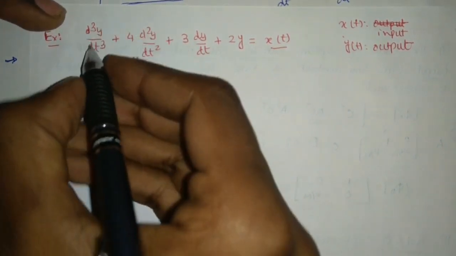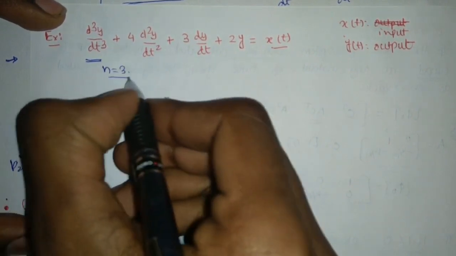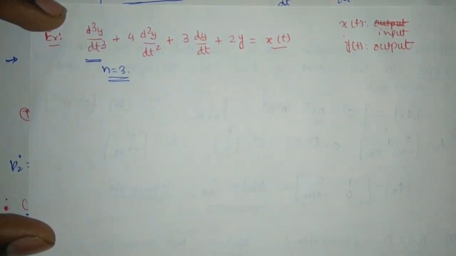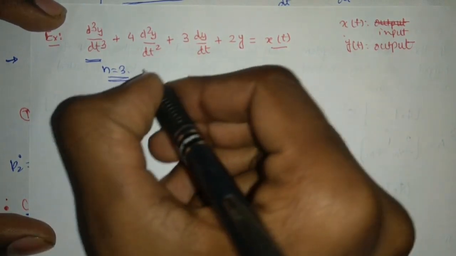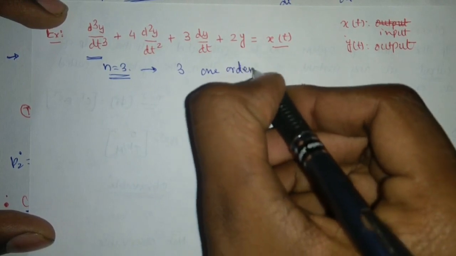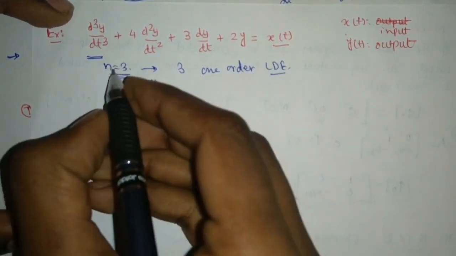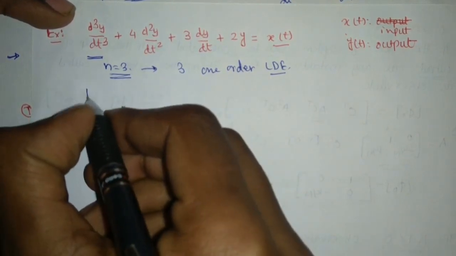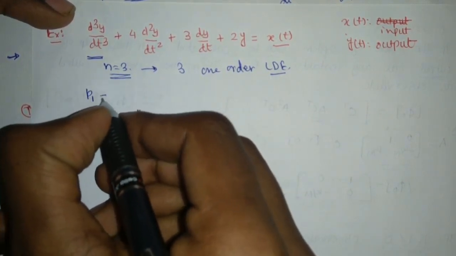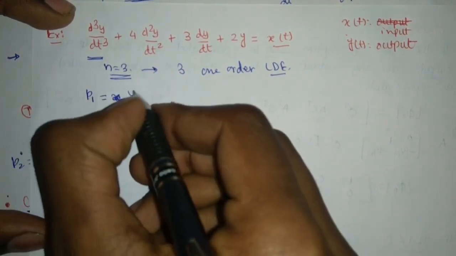Now what I said initially is that if my system's order is 3, then I'm going to have three first order differential equations. That is what I'm going to have here. Now how will I get that? First, I'm simply going to assume P1 is equal to Y, since Y is our output.